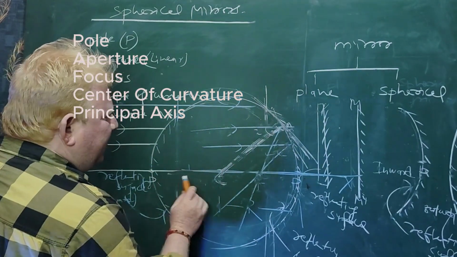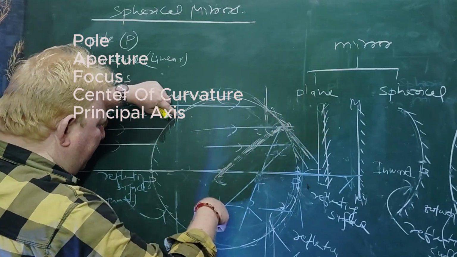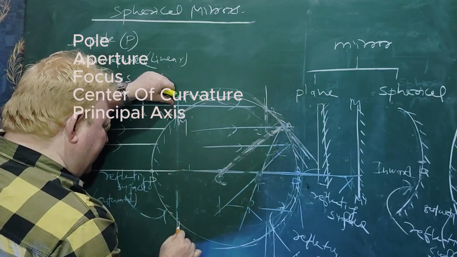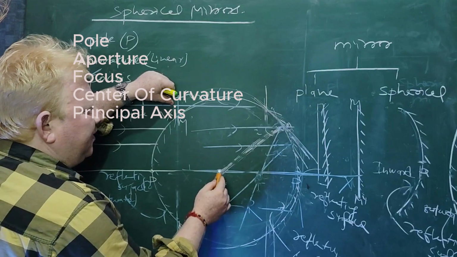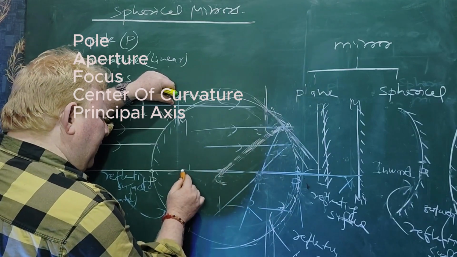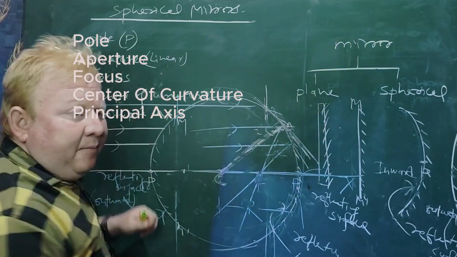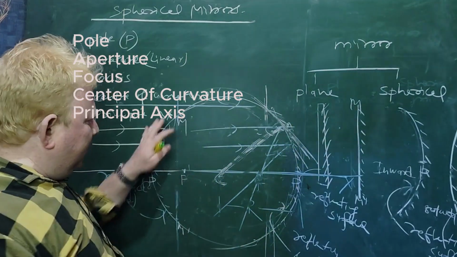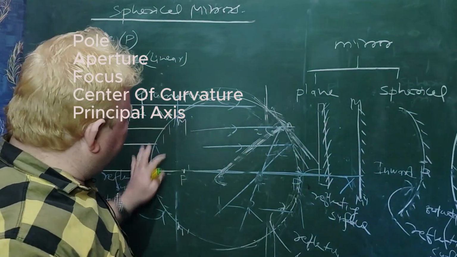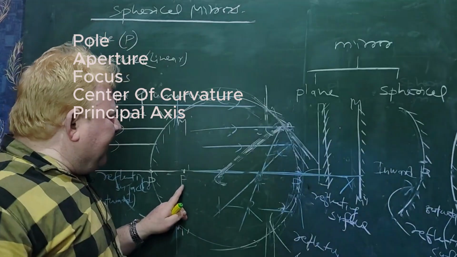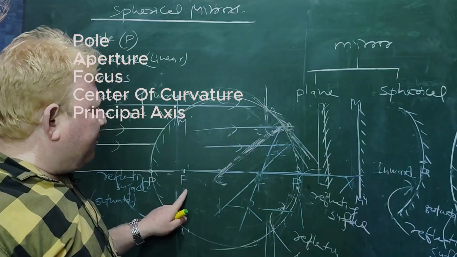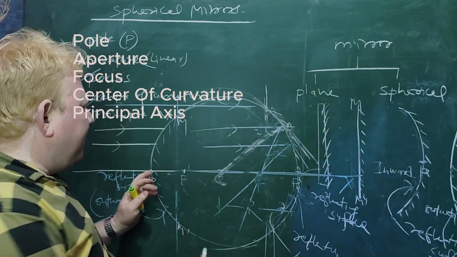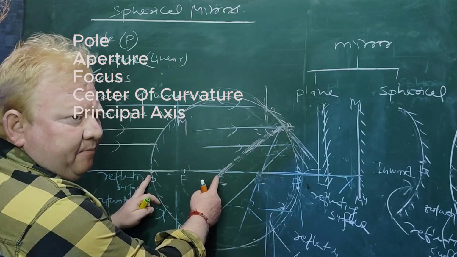and suppose this is the center of curvature for this mirror, let us suppose MM' is the mirror. For this mirror, this is the center of curvature, and let us suppose this is my F, the focus of this mirror. So this point is exactly the midpoint of PC.